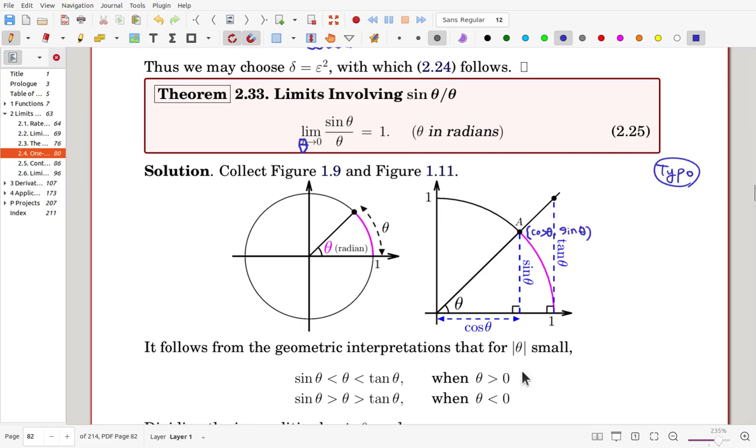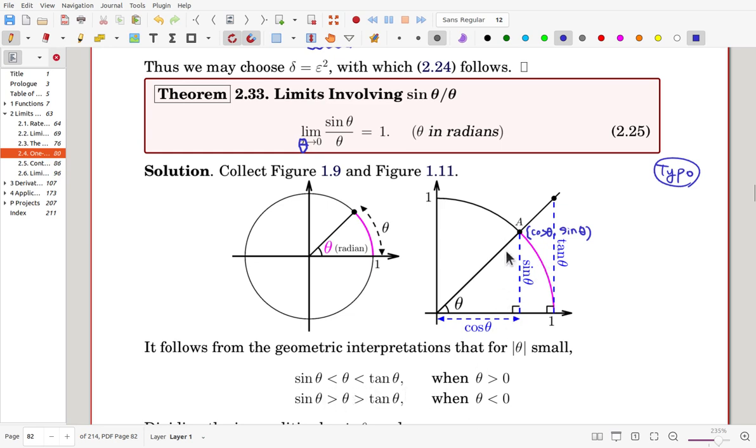So geometrically this length is cosine theta, that is sine theta, and apparently this is longer than that one. If this angle is theta, then this one in pink is basically theta, and theta is larger than sine theta, and tangent theta is that one, which is longer than that one. So we reach it over there.